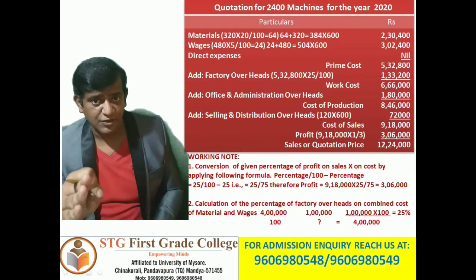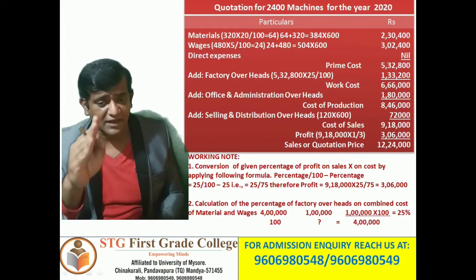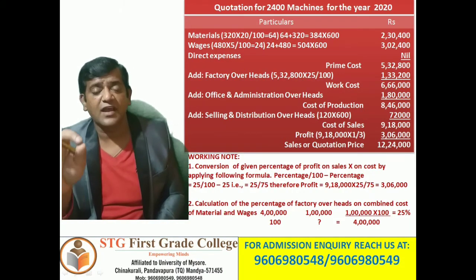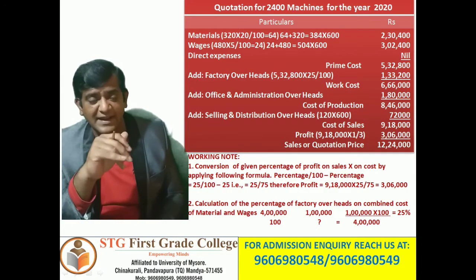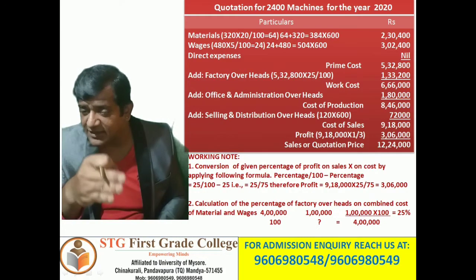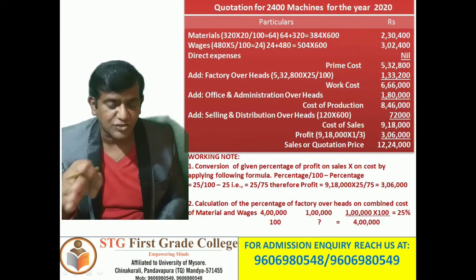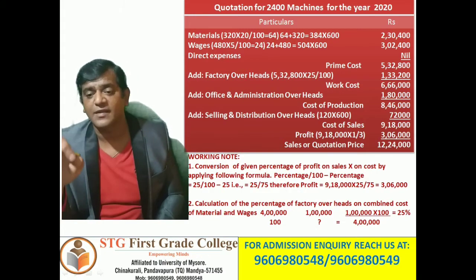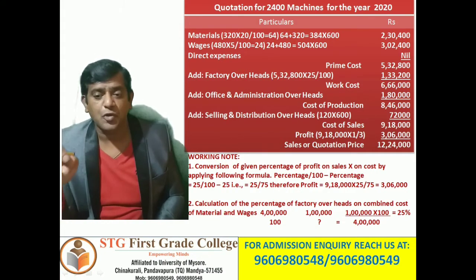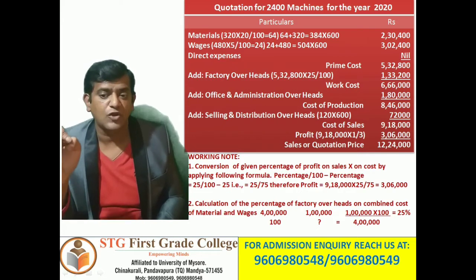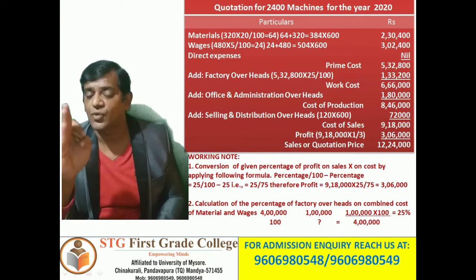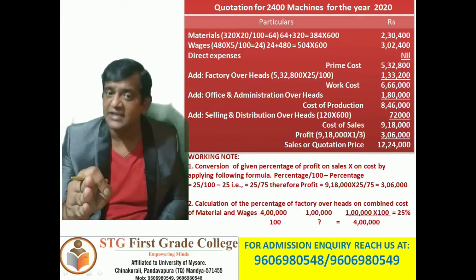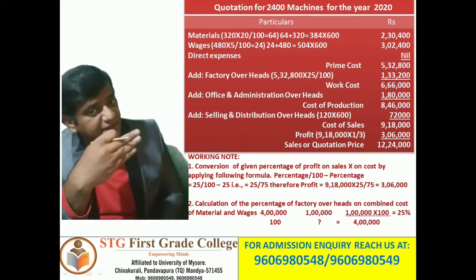So if 4 lakh is 100, then for 1 lakh how much? By cross multiplication, 1 lakh into 100 divided by 4 lakh, you get 25%.